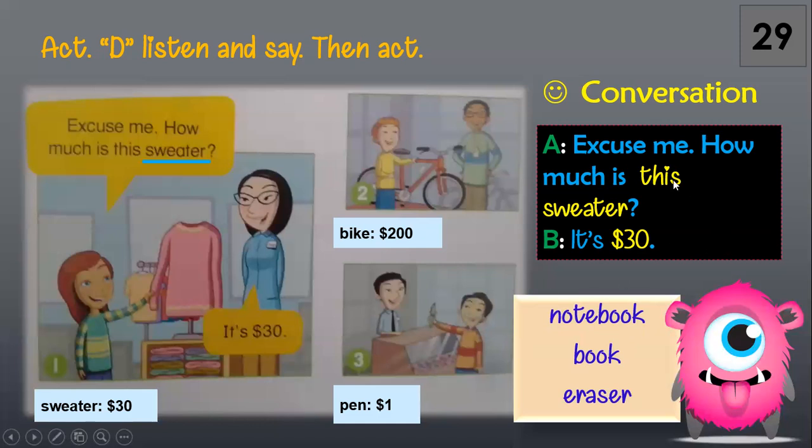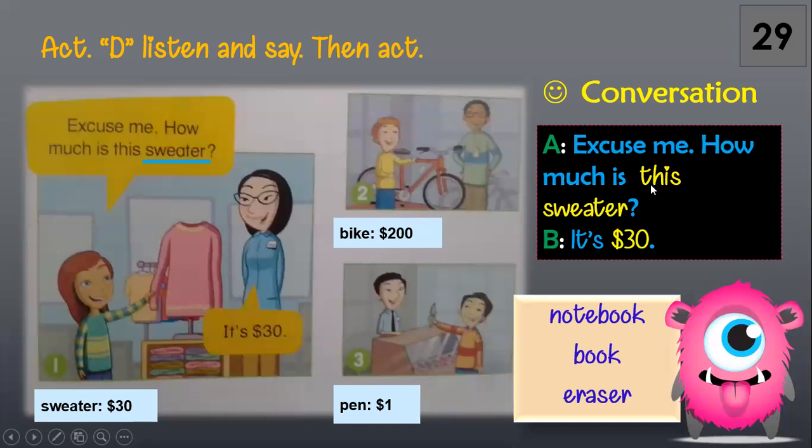You can use this question in order to know the price of one thing. Now, let's pay attention here in this second box. Excuse me, how much are these shoes? Now look here, this and this.